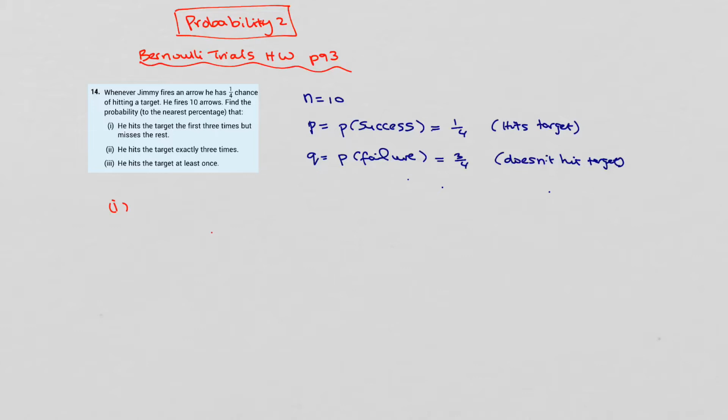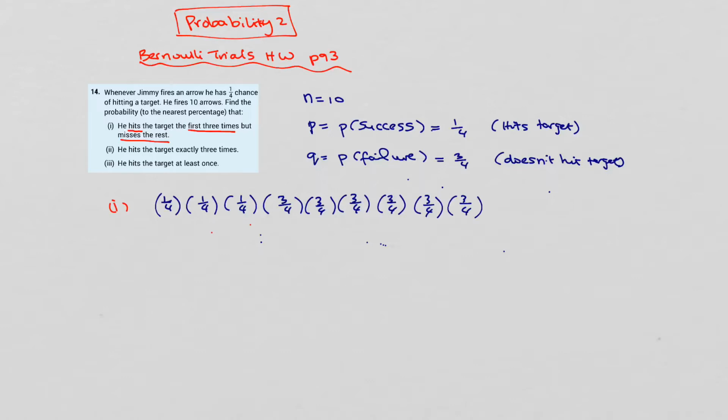We could do this as a traditional probability: he hits it, hits it, hits it, and then misses the rest, which is 3/4 seven times. This simplifies to a quarter 3 times, and then there are 7 more chances where he's missing.